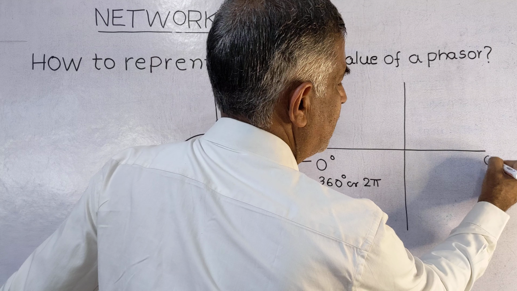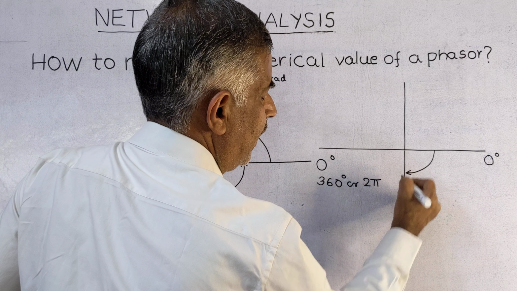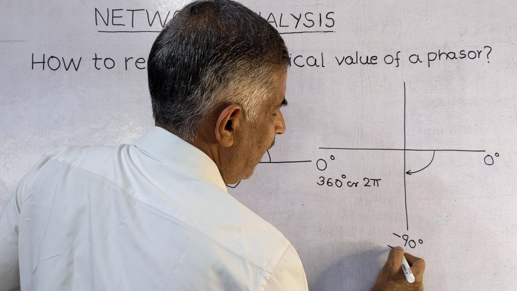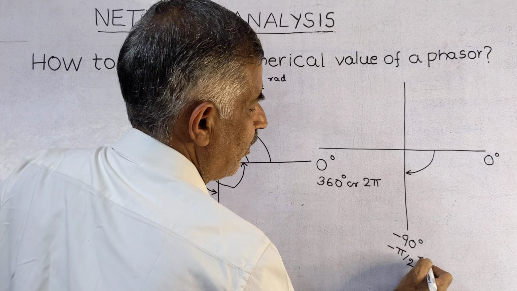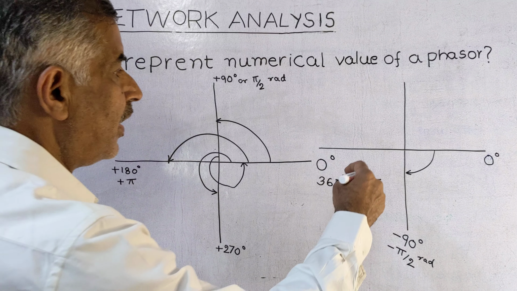Again, this is taken as 0 degrees. Next, if you measure this angle, it is going to be minus 90 degrees or minus pi by 2 radians.